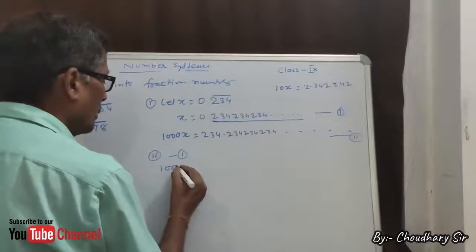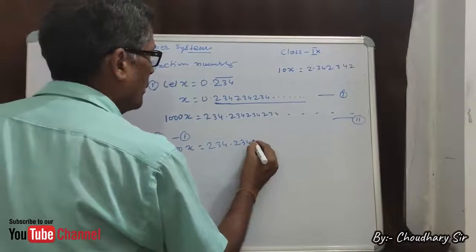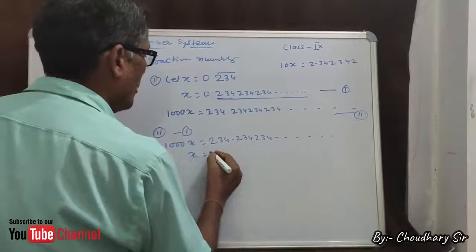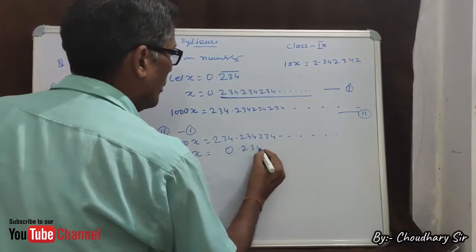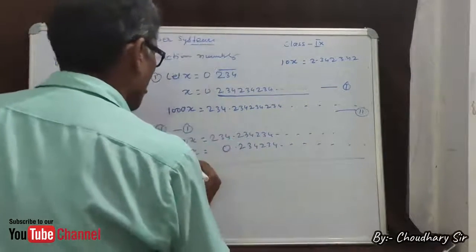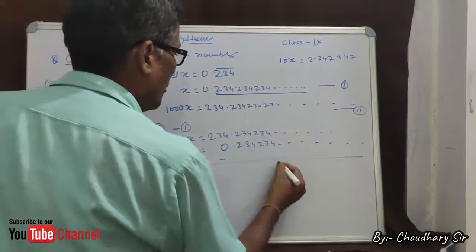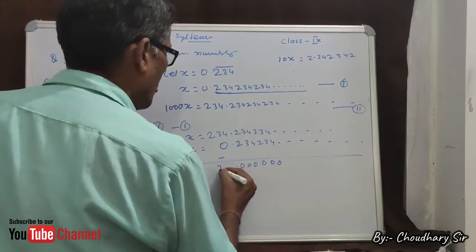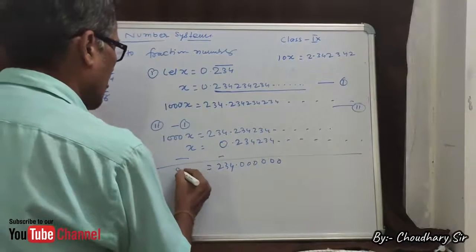So 1000x is equal to 234.234 and so on, and x equals 0.234234. Now subtract. What will be? 234 equals 1000x minus x, 999x.